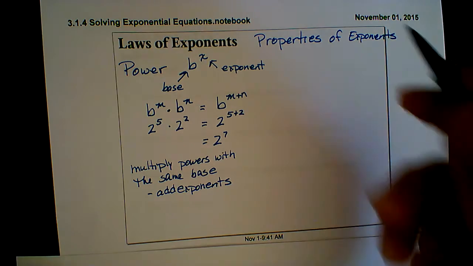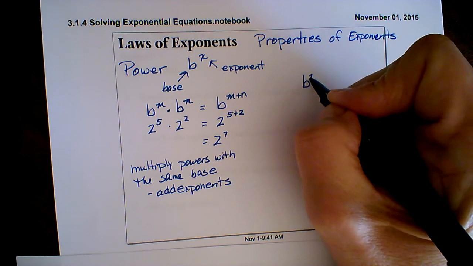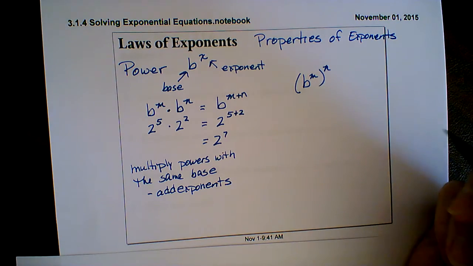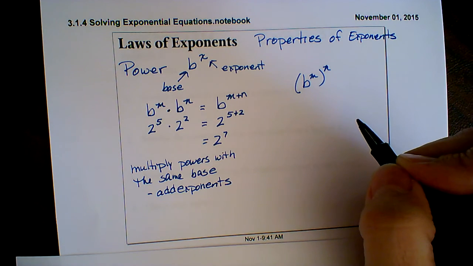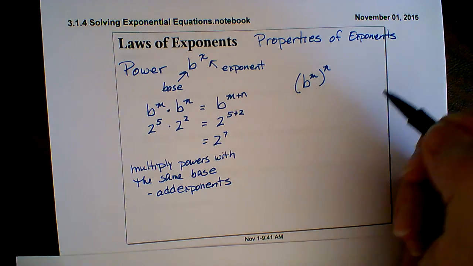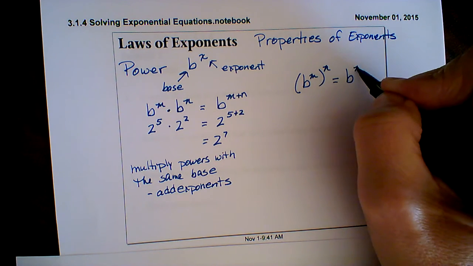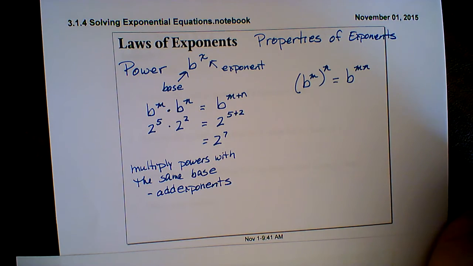Next, we have the situation where we have a power, and now it's being raised to another exponent. So it's a power to a power. In this case, we multiply the exponents, b to the m times n.